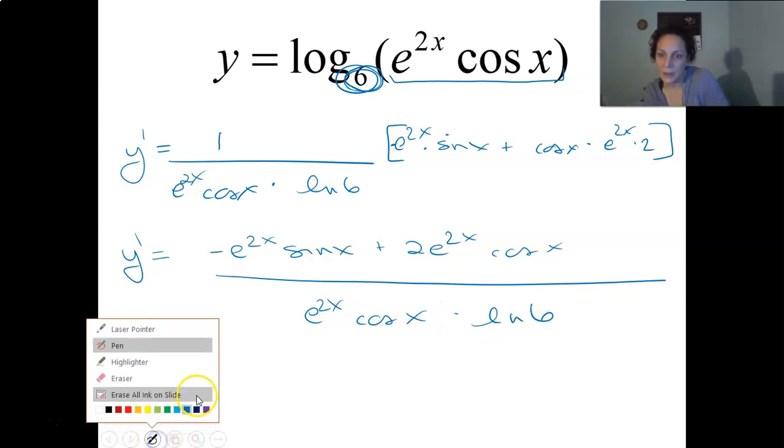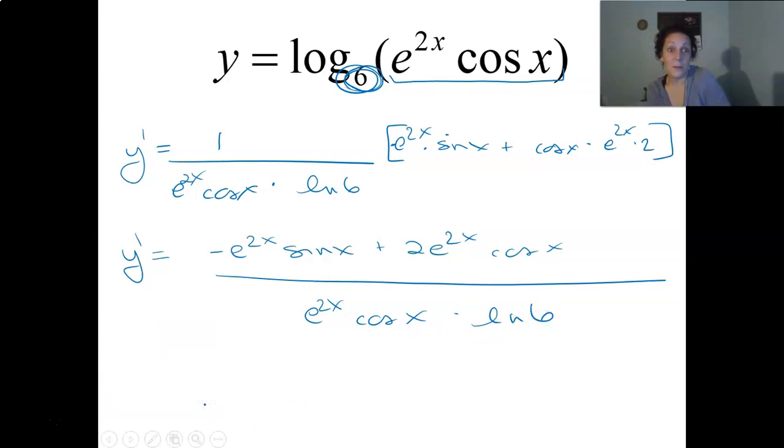So if you leave it as one fraction, minimally, your e to the 2x's, you can factor e to the 2x out of the numerator and completely cancel it out. If you choose to split it into two fractions, there's a lot that could happen here, right? If you split this into two fractions, on the first fraction, this turns into a tangent, and on the second fraction, it just turns into a 2 because the cosines cancel out, so you get a 2 over ln of 6.